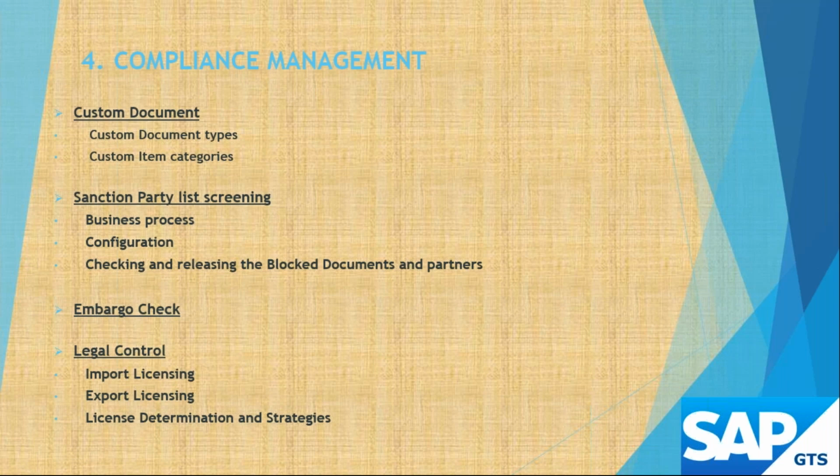Even at that stage, the partners are screened. The main concept here is the business partner, which is being screened, because whatever sales order is created has a customer, and every organization wants not to deal with those customers which are banned by the countries.